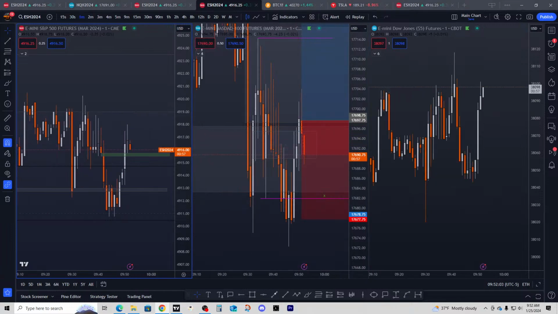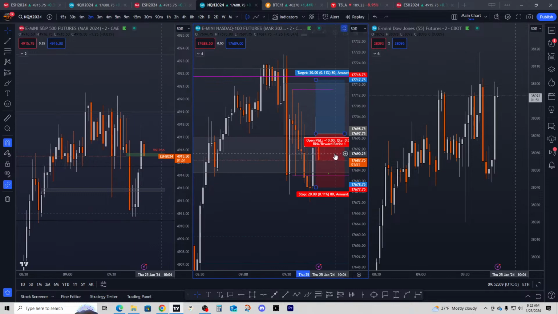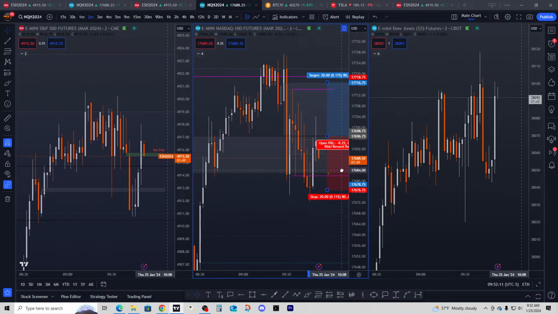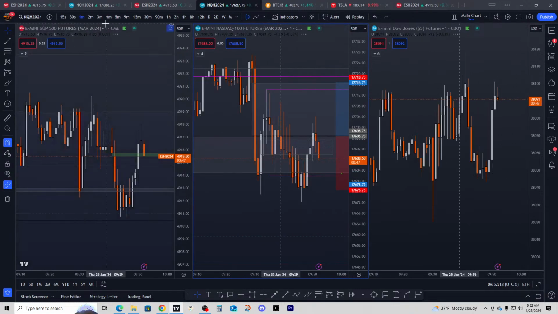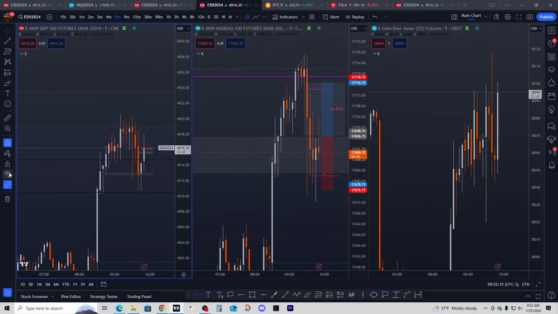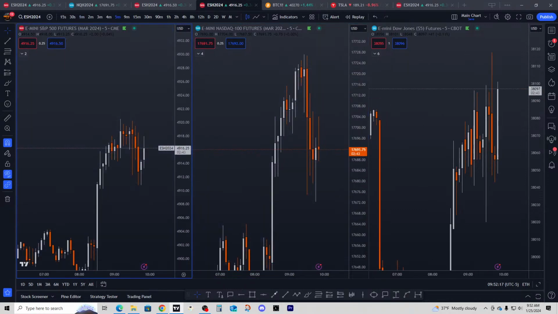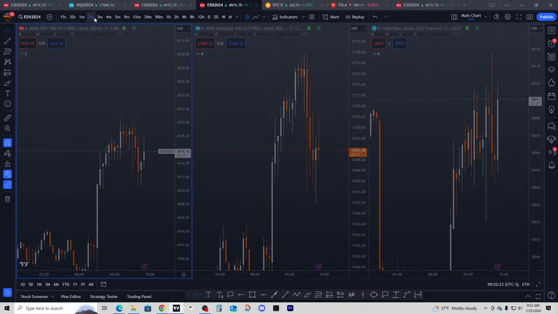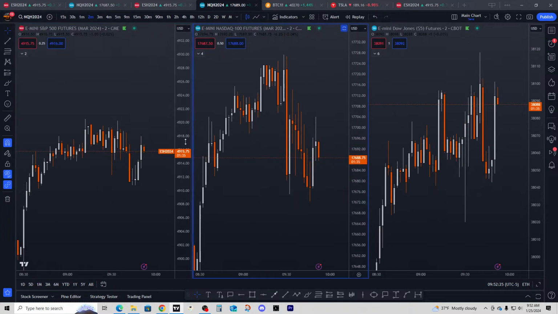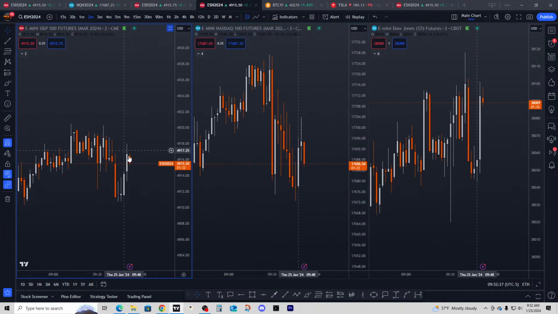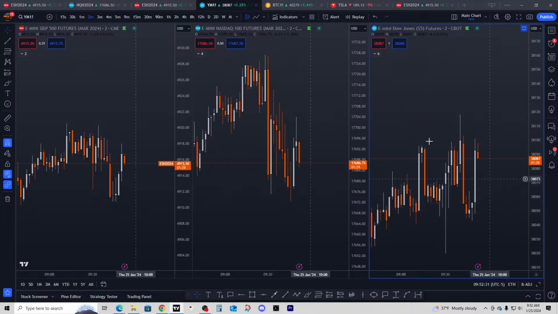So let's see. I wouldn't want to enter this on an eval. That's the thing. I wouldn't want to right now. I'd want to wait for the news. That'd be breaking the rules to enter right now, even though no internal liquidity really got taken.